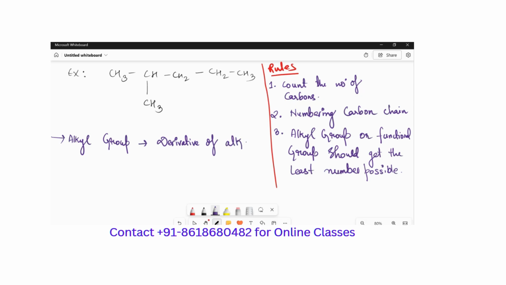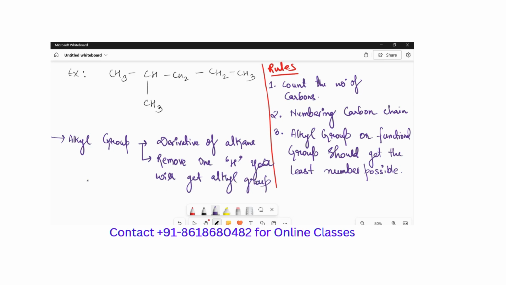Now, what exactly is this derivative of alkane? When you remove one hydrogen from an alkane, that will convert into an alkyl group. Remove one hydrogen, you will get the alkyl group.